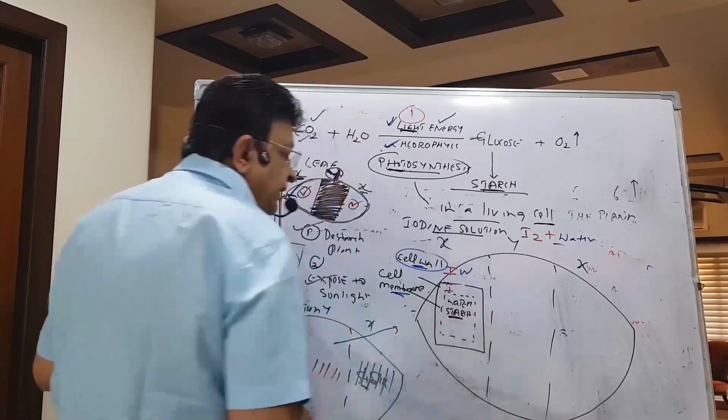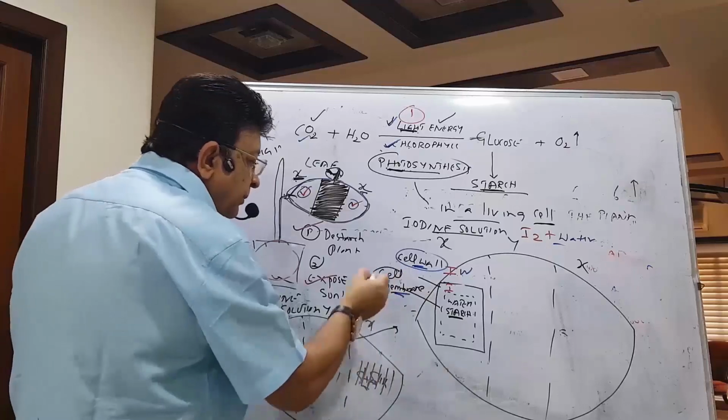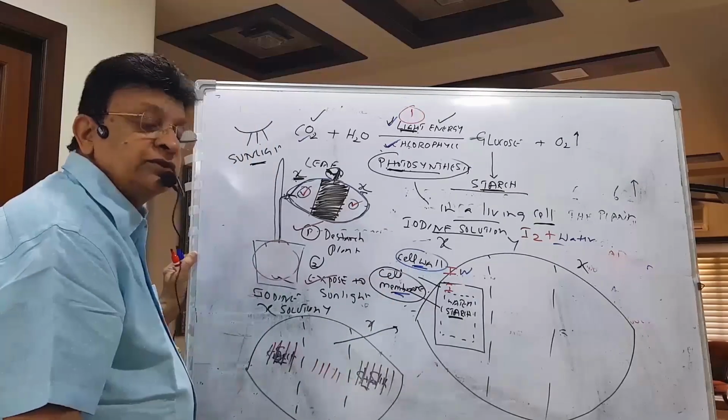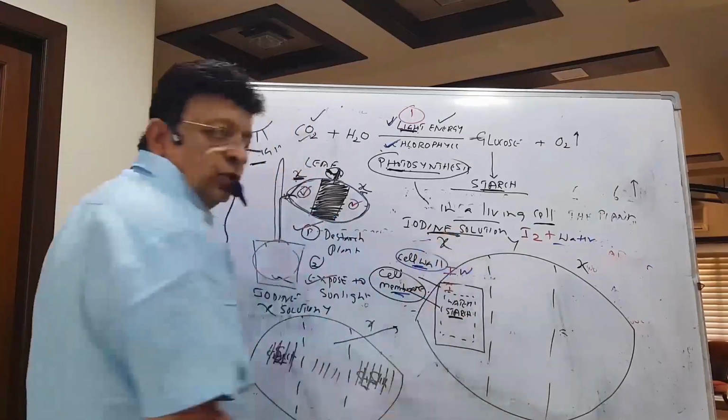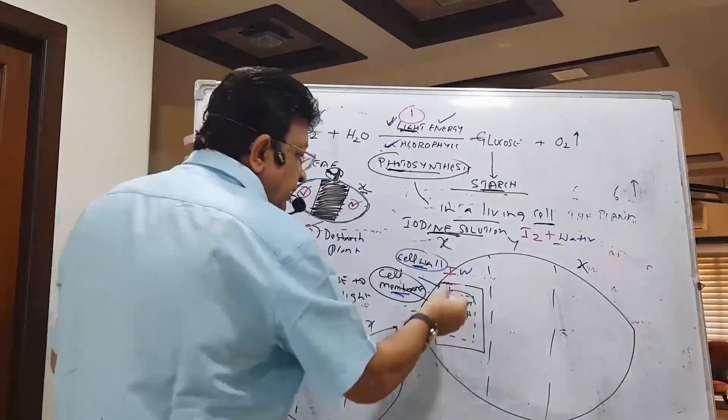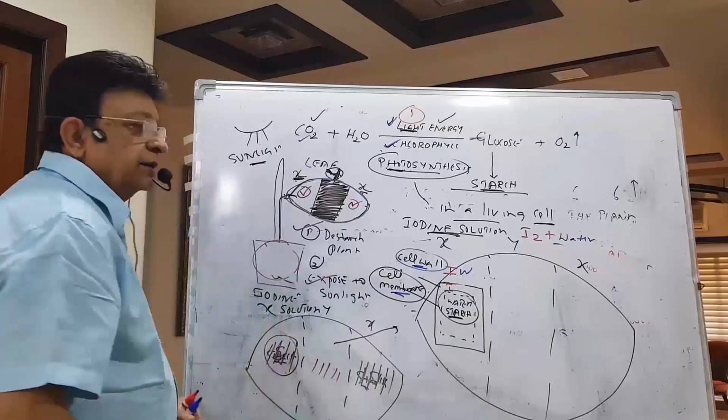Water does not give color. The iodine remained outside because cell membrane only allows solvent. That is the reason why on adding iodine solution I did not get a blue-black color.